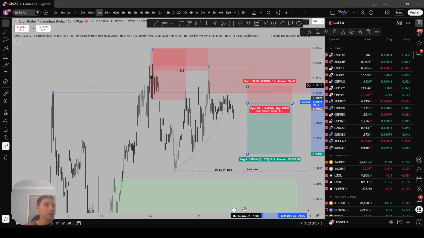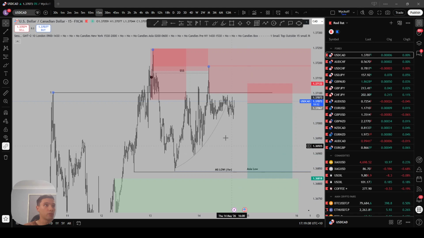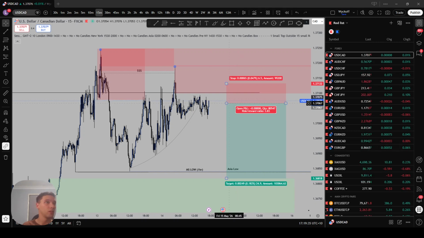We'll imagine that it rejects, and then we run it all the way just to demand and then de-risk at demand or take partials. Let me calculate my position size. Hypothetically, these are our stops and entries.